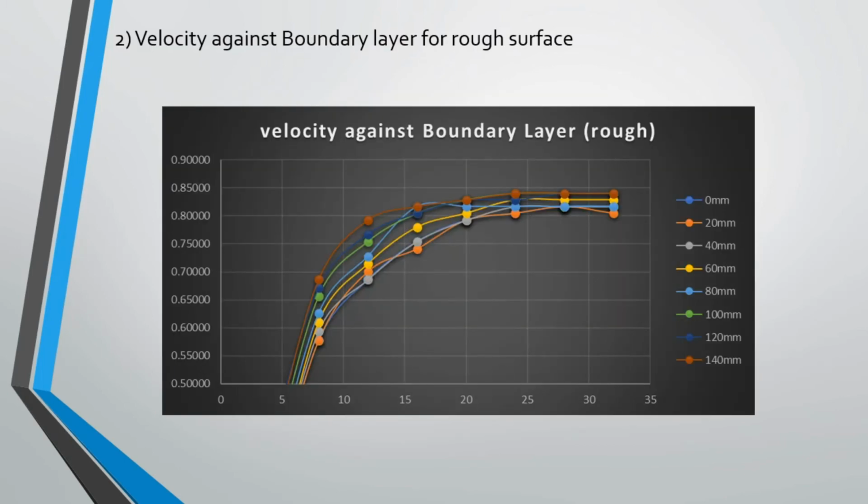Second graph is the velocity against boundary layer for rough surface. Based on the graph, if the boundary layer thickness increases, the velocity of the fluid will increase as well. By comparing from the aspect of difference in the distance of the plate or the length of the exposed plate, we can say that a smaller distance produces lower velocity.